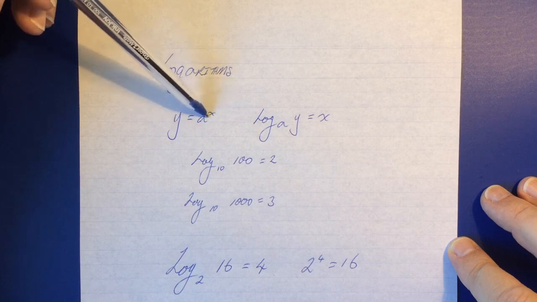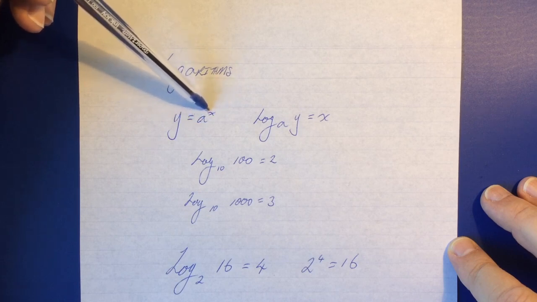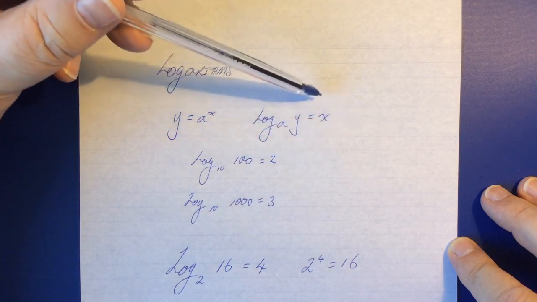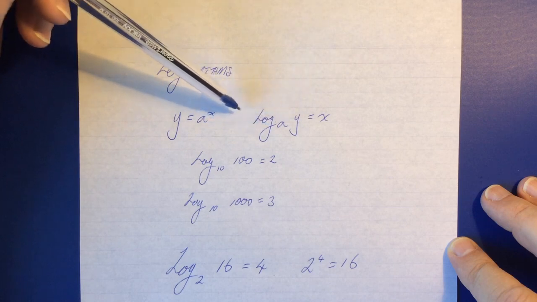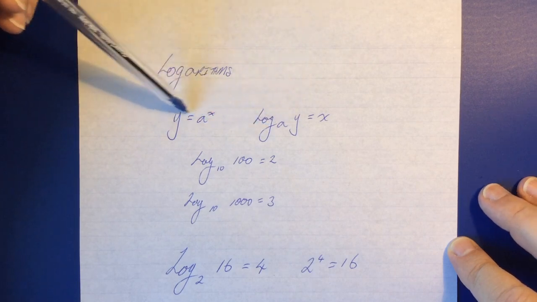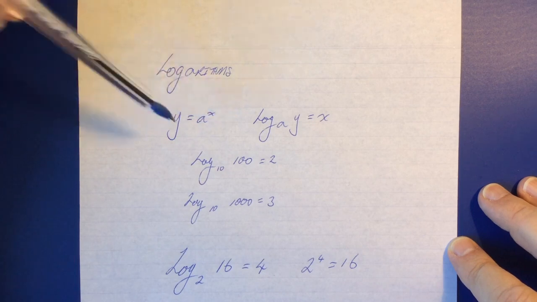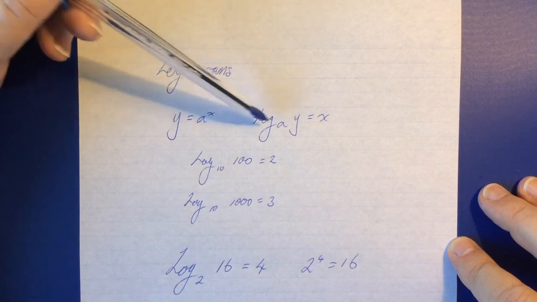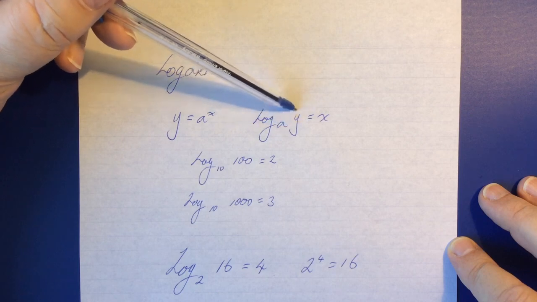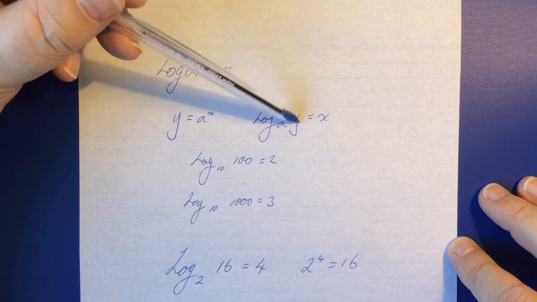This is our power, our index. And so when we rewrite this in log form, what we're looking to do is to express pretty much the same idea, but we just do it in a different way. So our base gets written like this. It's log in base a of a particular number.